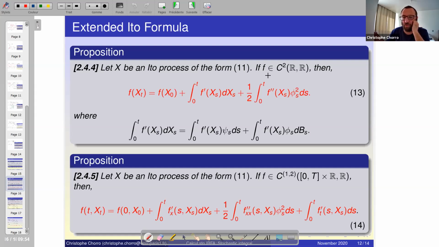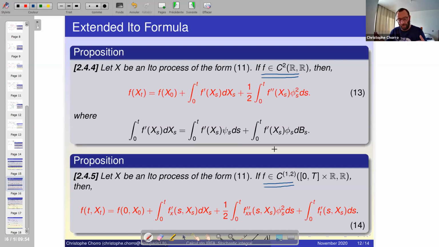But here, contrary to what I have said previously, in the previous statement I needed for f some strong conditions, that it be regular in the sense that it is C2, or C1 in the first variable and C2 in the second one. But in the previous statement, I needed them with bounded derivatives.